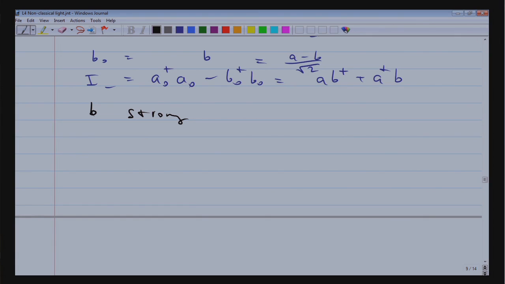And we do that by choosing for B a strong coherent state, described by a coherent state parameter beta.